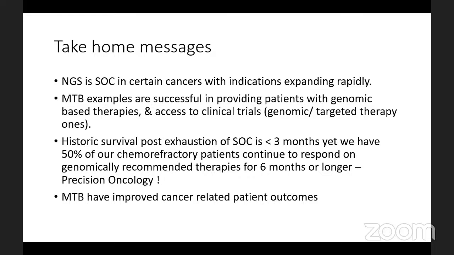Yet I have shown you that 50% of our chemorefractory patients continue to respond on genomically recommended therapies for 6 months or longer, based on the discussion in our molecular tumor board. So I think this is what precision oncology is all about. Molecular tumor boards have improved cancer-related patient outcomes. And by this, I conclude. Thank you.